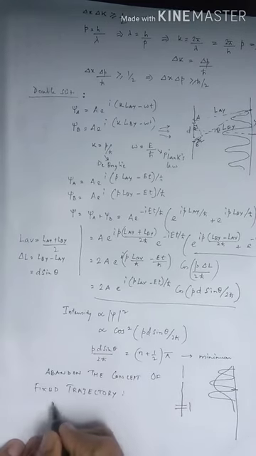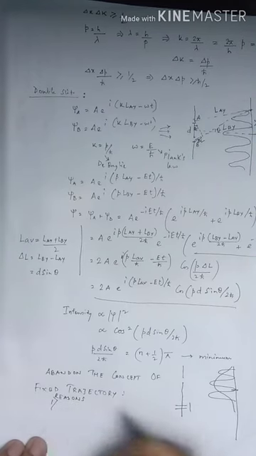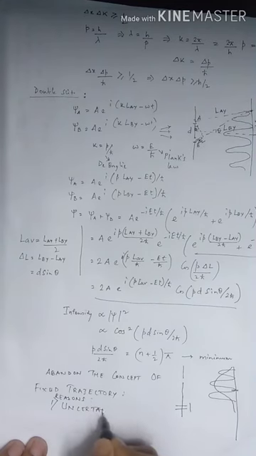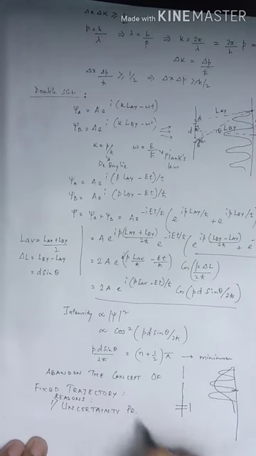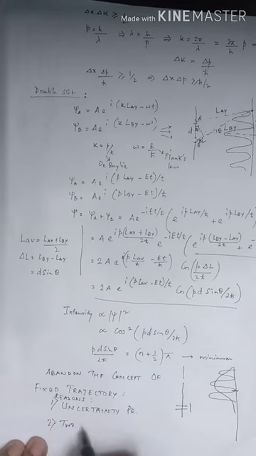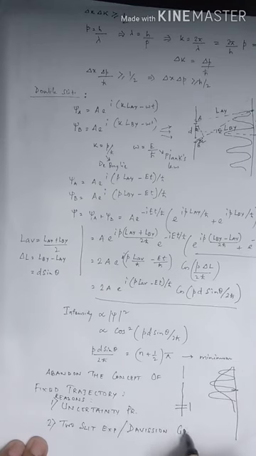Reason 1: the first reason is the uncertainty principle. The second reason is either the two slit experiment, which I have shown just above here, or the Davisson-Germer experiment.